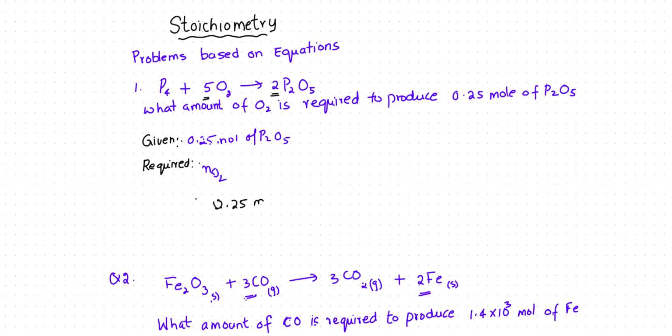times mole ratio. So mole ratio is 5 moles of oxygen, then they produce 2 moles of P2O5. We have to find moles of oxygen, so we write moles of oxygen on the top: 5 moles of oxygen, and 2 moles of P2O5.